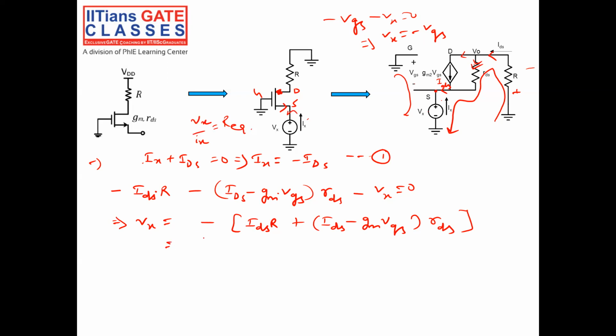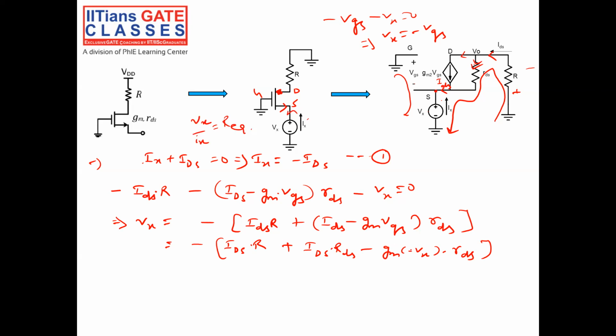Let's apply that. Minus IDS into R plus IDS into RDS minus gm into VGS, and VGS is nothing but minus Vx, into RDS, right?